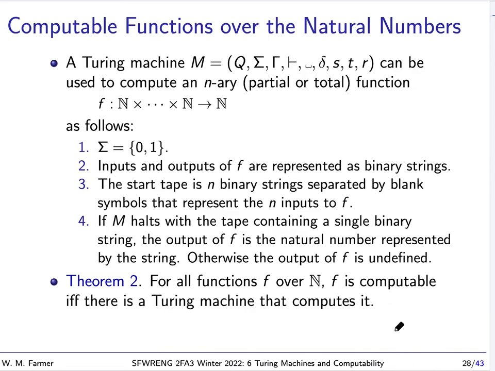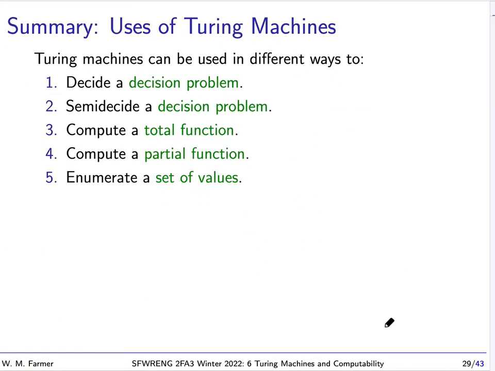So you can think of this as, if we know there's some effective method for computing f, so it is computable, then there will be a Turing machine that will compute it.